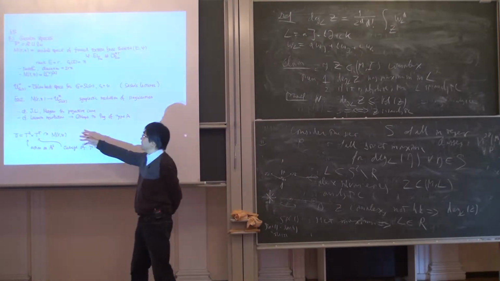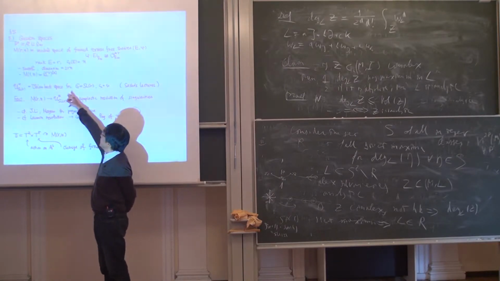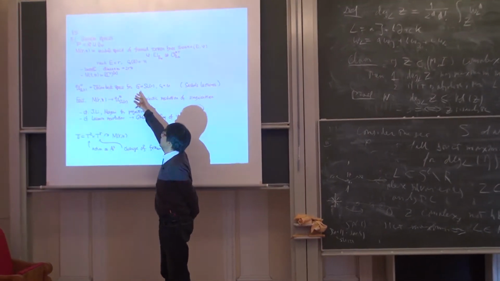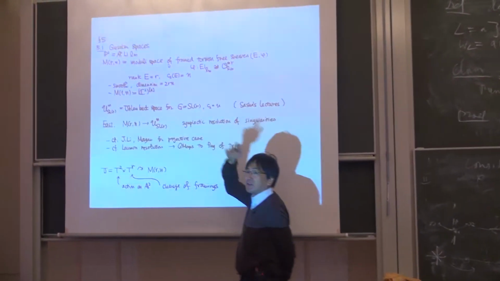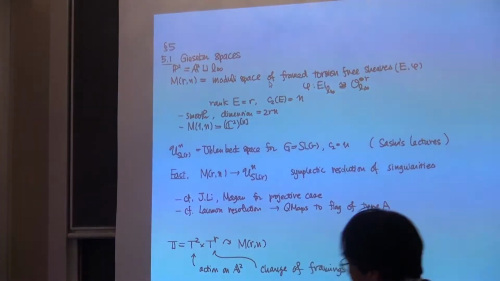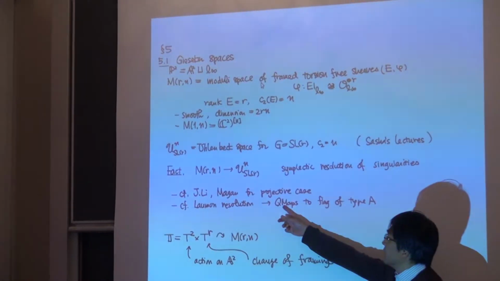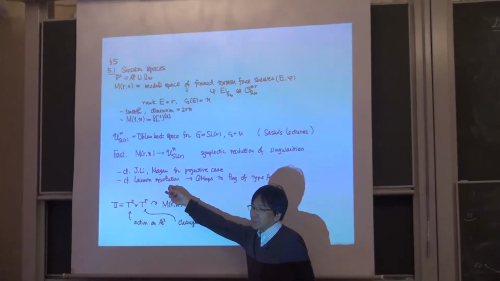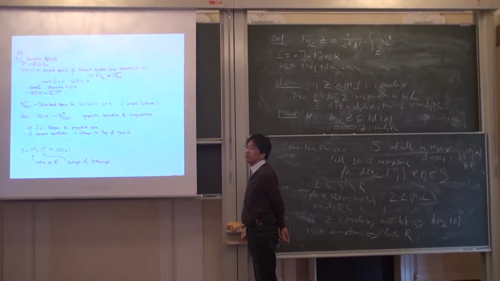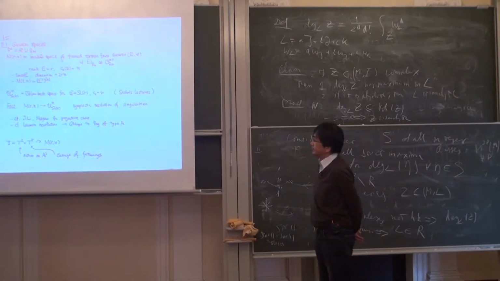But unfortunately, such a nice resolution exists only for type A. If you consider the Uhlenbeck space for a more general group, then people expect there is no such nice resolution. I don't think there is such a proof in general. Also in the case of quasimaps, the Drinfeld resolution can be defined for type A, but you can't for other types. So this kind of nice resolution of singularities exists only for type A.